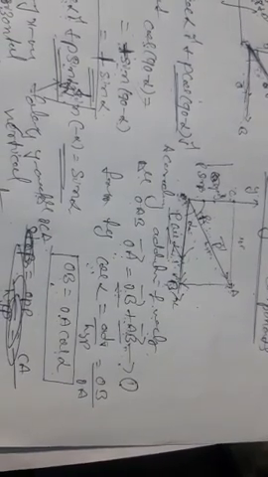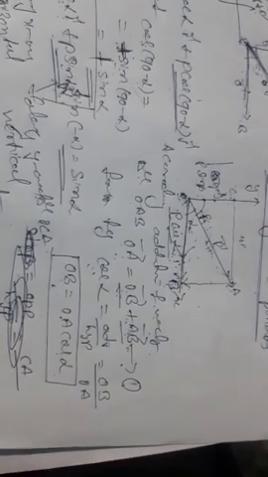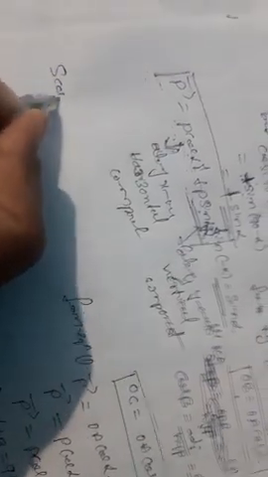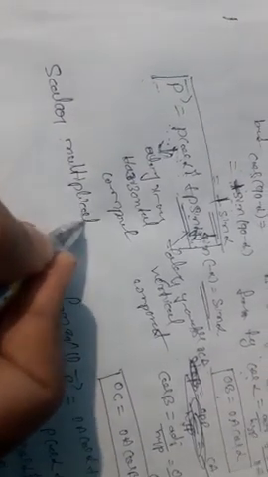Next concept is scalar multiplication of a vector. What is the definition?